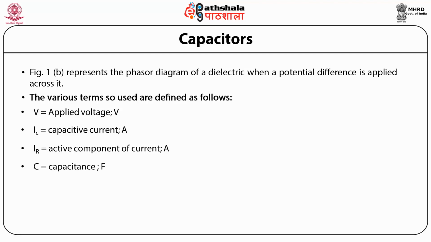C represents the capacitance in farads. R represents the resistance in ohms. ω represents 2πf, the angular frequency in radians per second. f represents the frequency of supply in hertz.